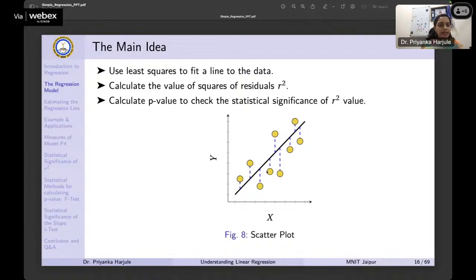So the main idea of linear regression is that we have to minimize the sum of squared errors or residuals, the vertical distance between the actual data point and the line. This line then represents our model, given by yi hat equal to b naught plus b1 xi, where yi hat is the predicted value of y.